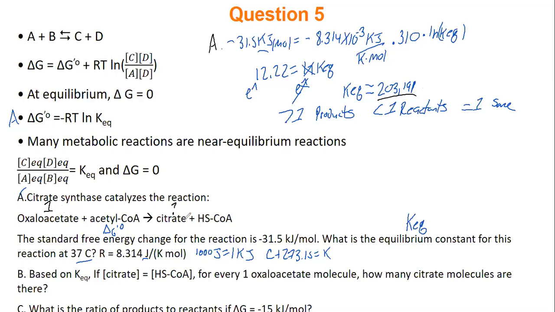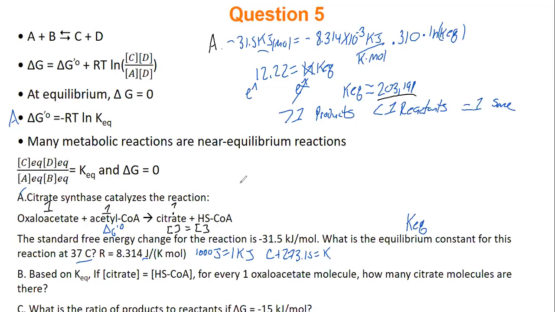And the concentration of citrate is the same as the concentration of HSCoA. I guess I didn't say this, but I probably should have: also use the concentration of acetyl-CoA as 1. Technically, you could put any number there and the ratio would still work out, but it's a lot easier if you put 1.